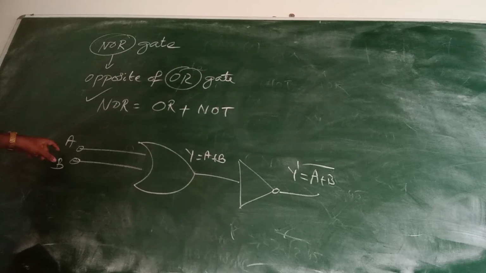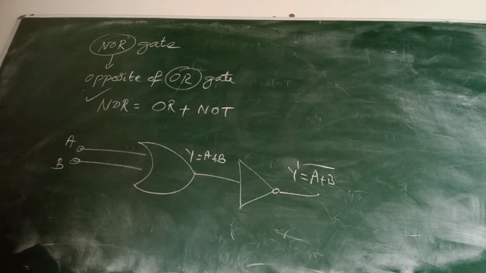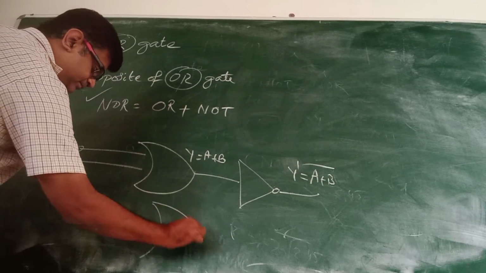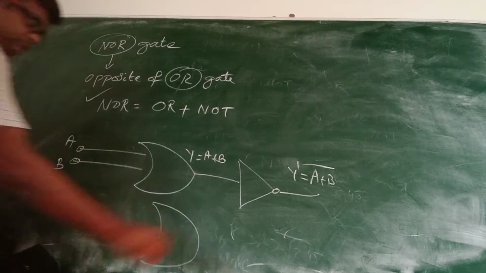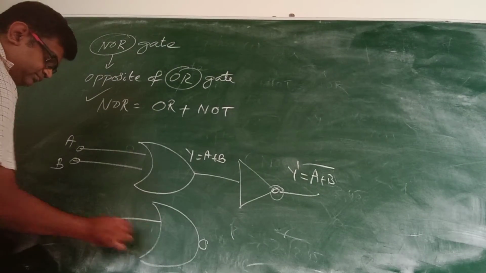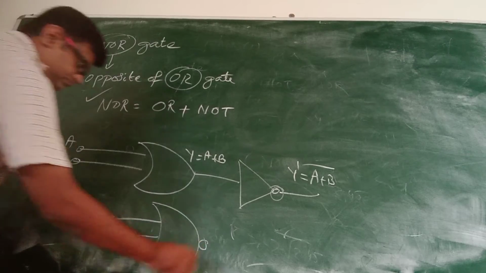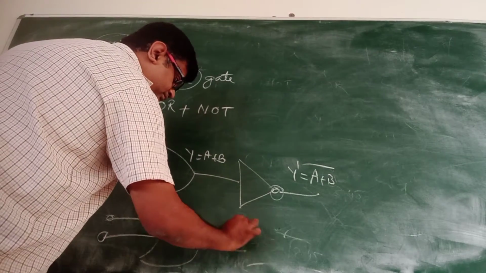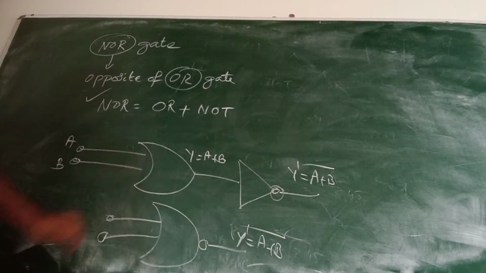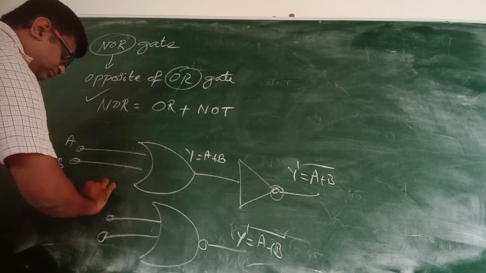So let us draw the truth table and understand actually what happens. What is the representation means? You take a OR gate, alright? You take this circle, put it over here. Okay, these two put together into this.